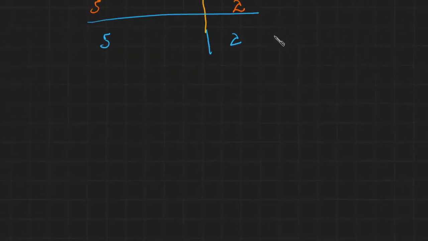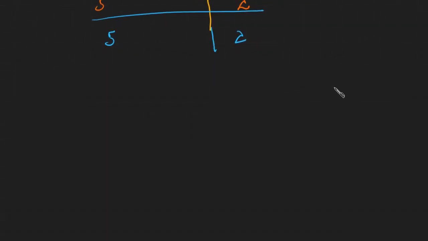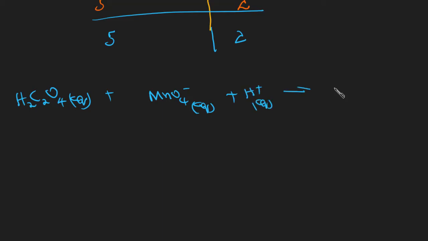Let us now go back to creating the chemical equation, and we have the two substances reacting, that is H2C2O4 in solution form, and manganate 7 in solution form. And remember manganate 7 is acidified.